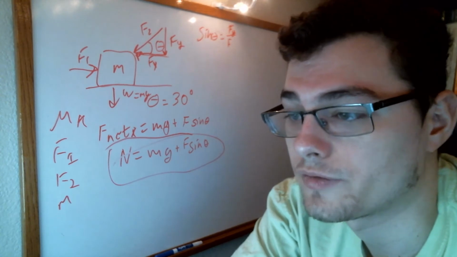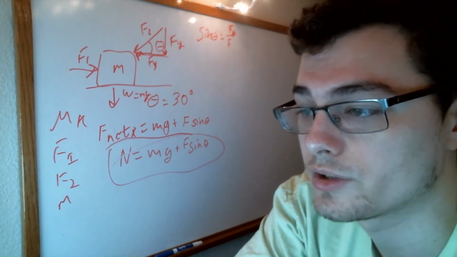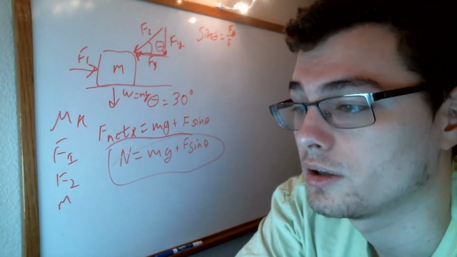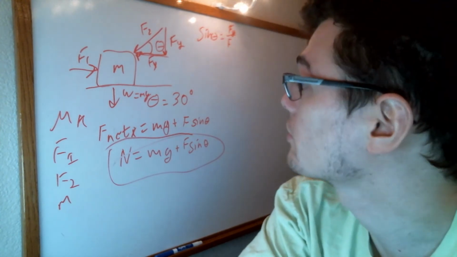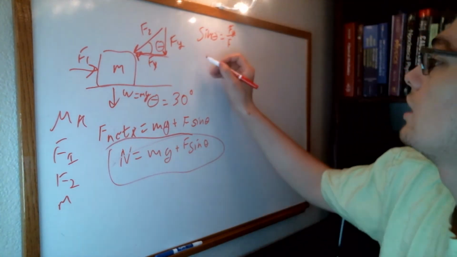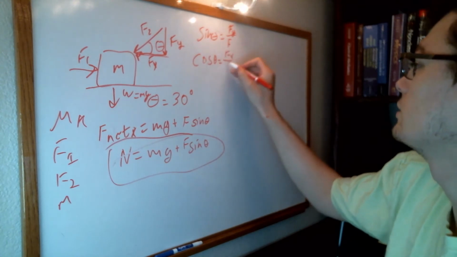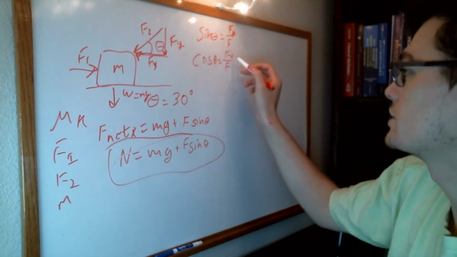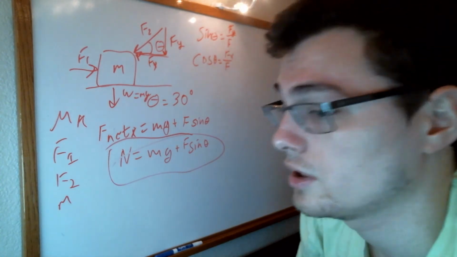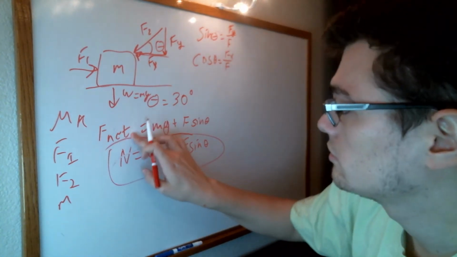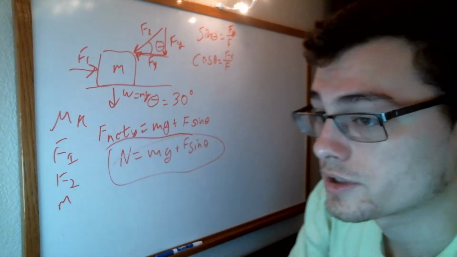So next we have to solve numerically for the magnitude of the acceleration of the block if theta is equal to 30. So then cosine of theta here is going to be equal to Fx over F. So then Fx is equal to F times cosine theta. And that's supposed to be a y.